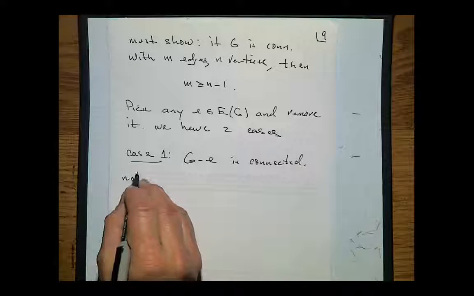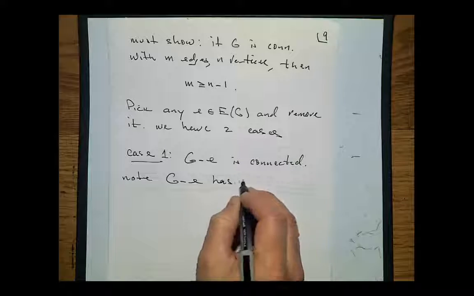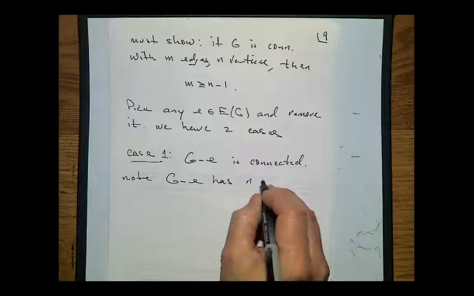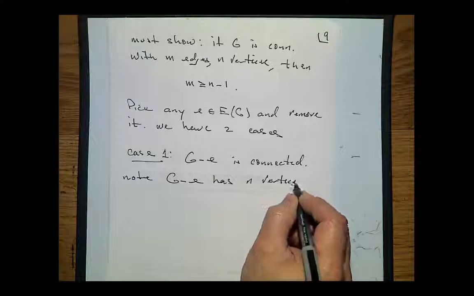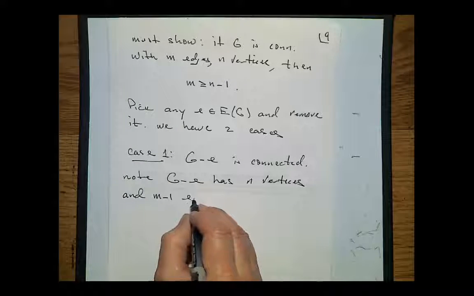Note, G minus E has n vertices and m minus 1 edges.